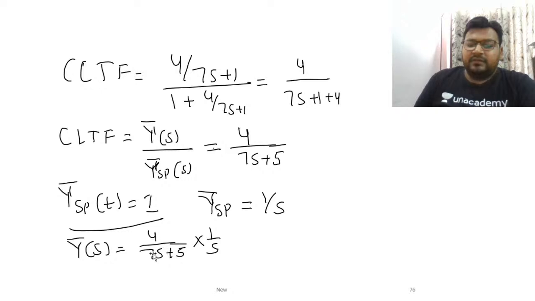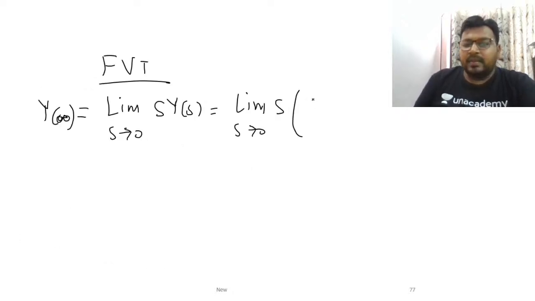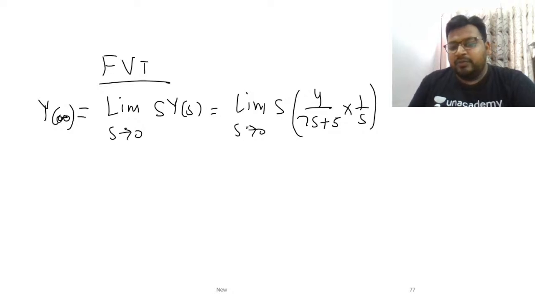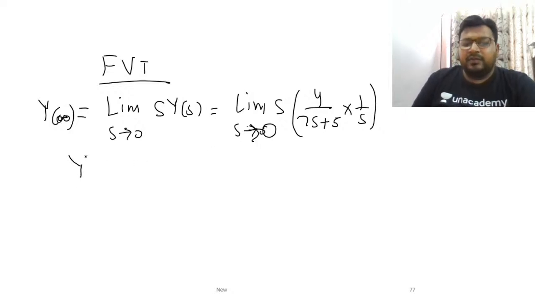YS is 4 by 7S plus 5 into 1 by S. So S and S get cancelled. You put S as 0 here and you get 4 by 5. So the value of y at time t infinity is 4 by 5.